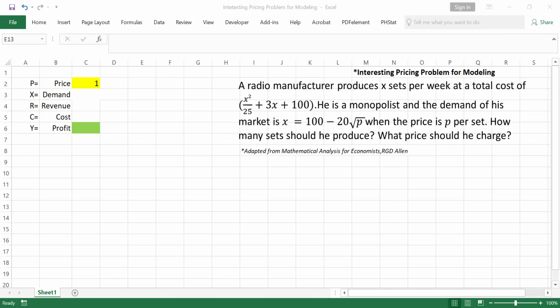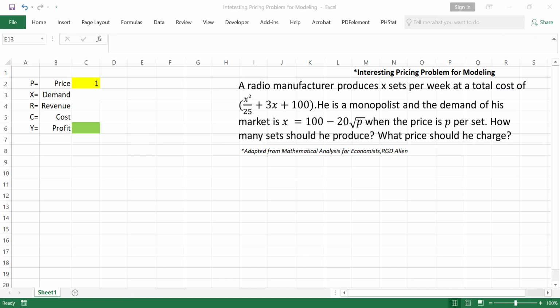In this video, I'm going to discuss an interesting pricing problem for modeling. This problem has been sourced from a classic book written long ago, titled Mathematical Analysis for Economists by R.G.D. Allen.